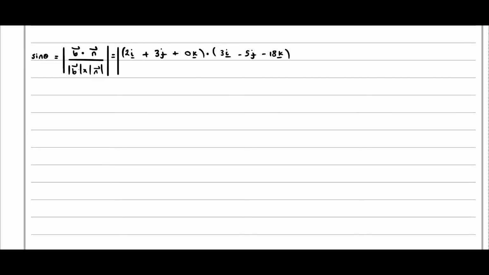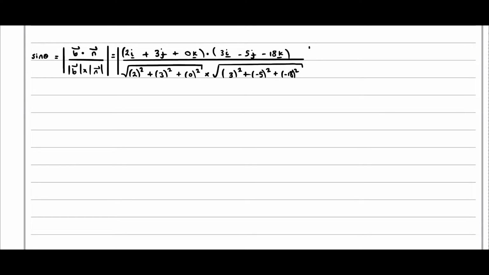And then the magnitude of b, we have 2 squared plus 3 squared plus 0 squared, square rooted, multiplied by 3 squared plus (-5) squared plus (-18) squared, square rooted. So we need to work this out.